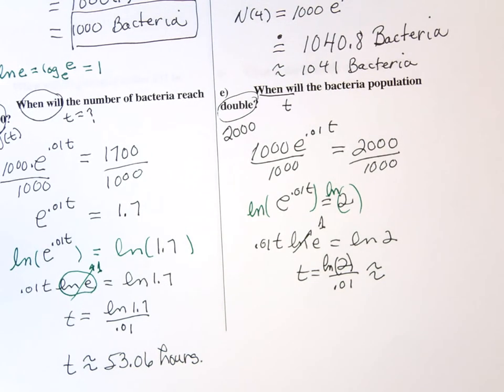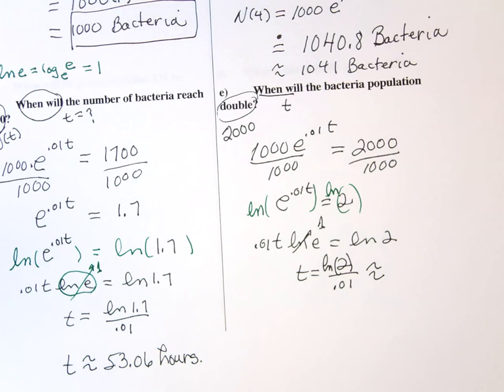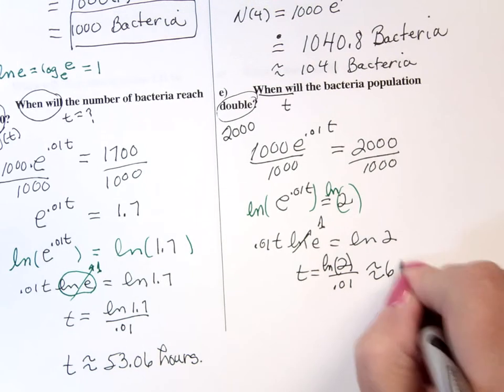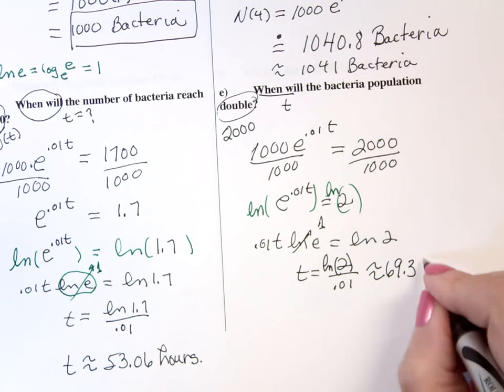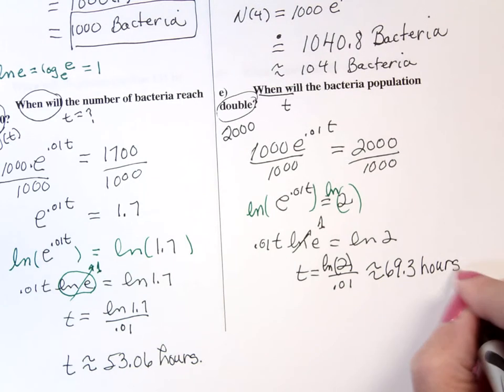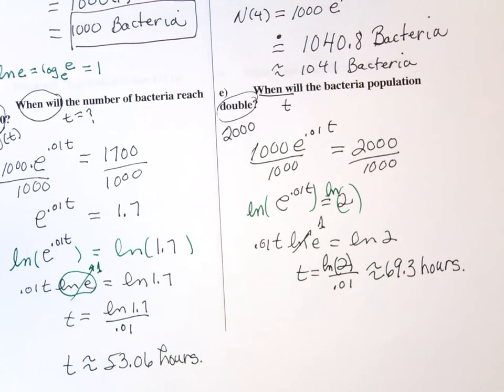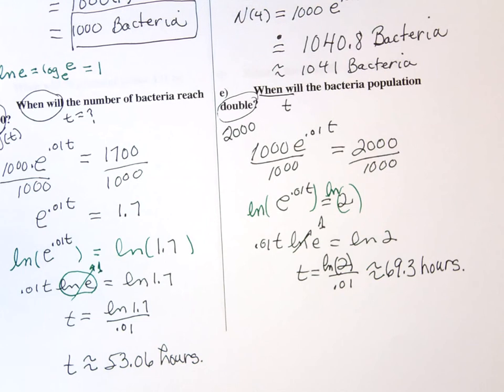So natural log of 2 divided by 0.01 is 69.3. So to double, it's going to take 69.3 hours.